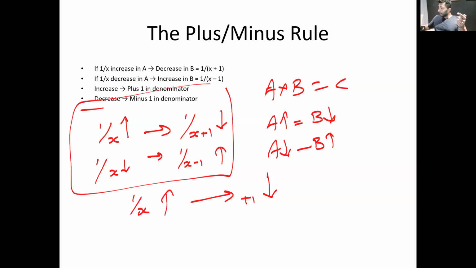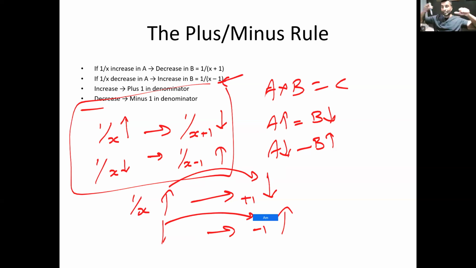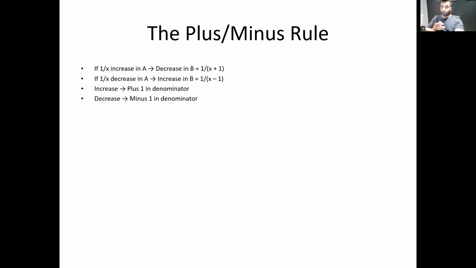Plus 1 in the denominator, that could be the decrease. Now if there is a decrease, no question about this, the other one will increase. It is inversely proportional and minus 1. So if it is an increase, plus 1. If it is a decrease, minus 1. If it is an increase, the other one will decrease. If it is a decrease, the other one will increase. So I hope so far is so clear.